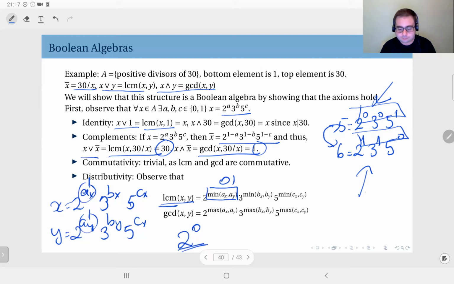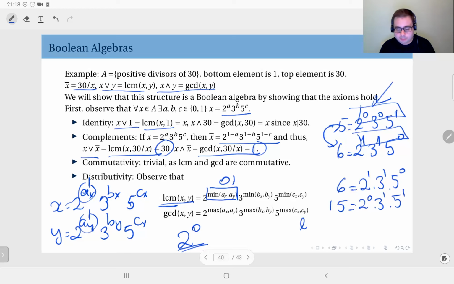For instance, let's say 12 and 15. 12 is 2 to the power, well, 12 is not a divisor of 30. It's not in the set. Let's say 6. Okay, 6 is in the form 2 to the power 1, 3 to the power 1, 5 to the power 0, and 15 is 2 to the power 0, 3 to the power 1, 5 to the power 1.